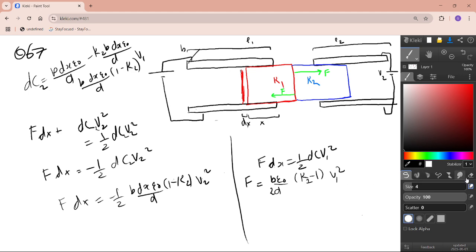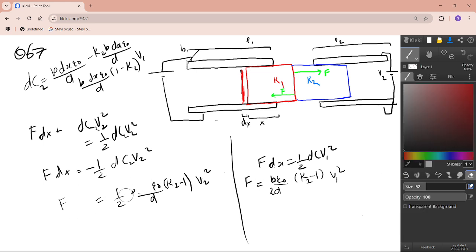Take the minus inside, and it becomes K2 minus 1. So you cut dx. Let's tag them.